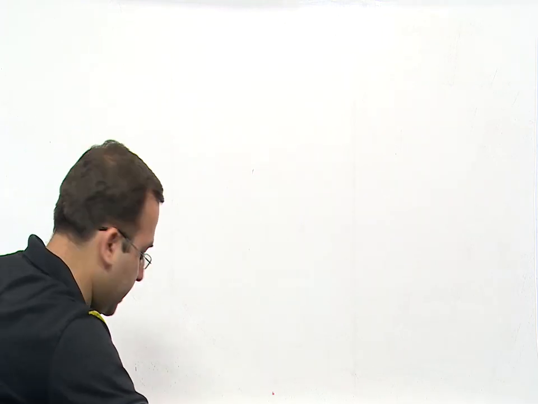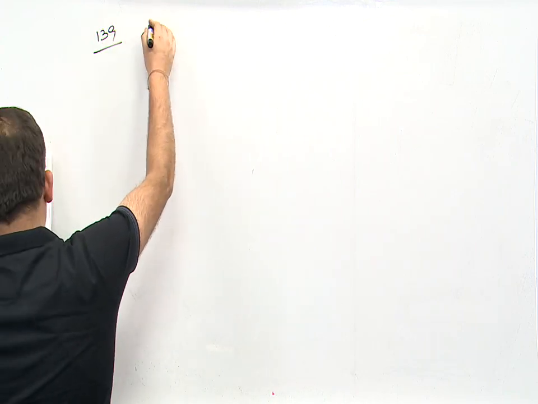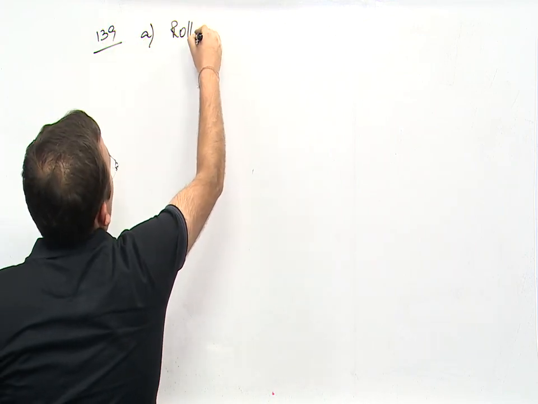Question 139. Role of P-selectin. This again is extremely easy, that is rolling.